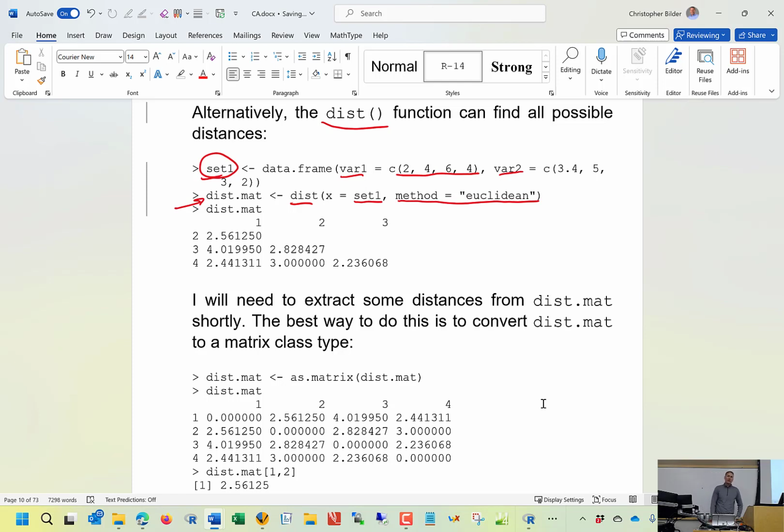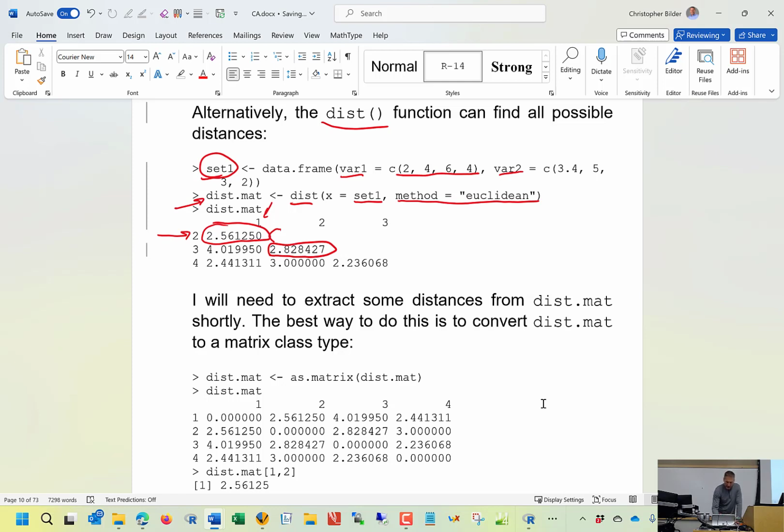Some people refer to this as a lower triangular matrix, even though R is actually not recognizing this as a matrix class. To make sure you understand how to read this, the distance between observation 2 and 1 is 2.56. The distance between 3 and 2 is 2.82.